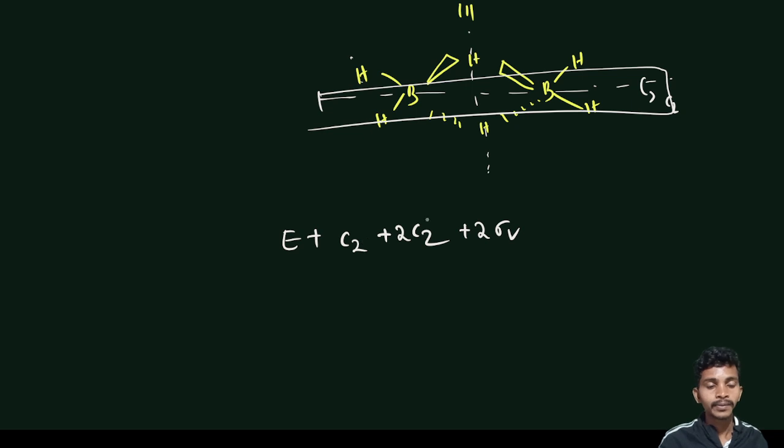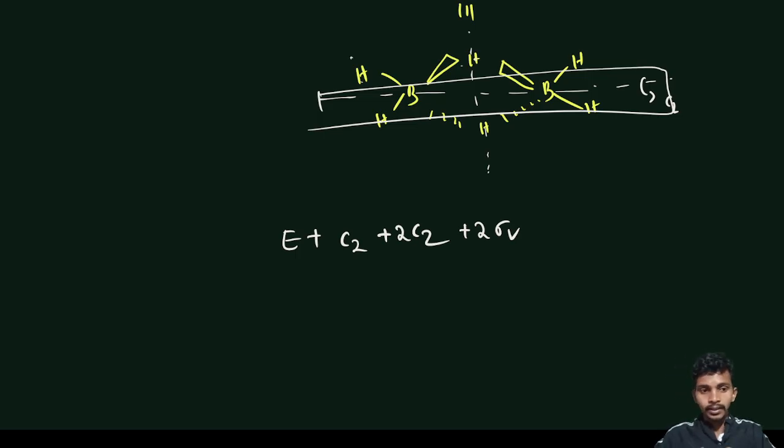And also sigma h is also there. Like if you say passing through this and this, then here C2 is the principal axis, and the plane passes through these atoms.